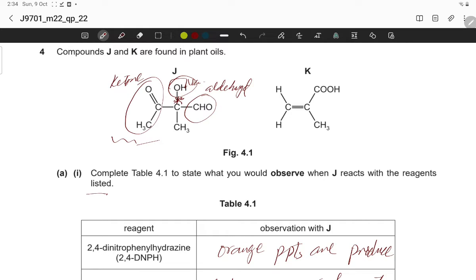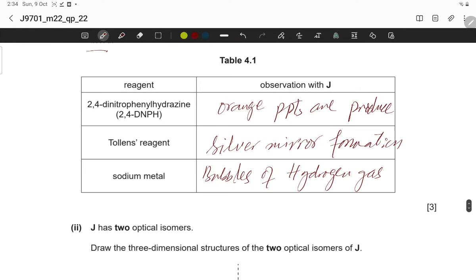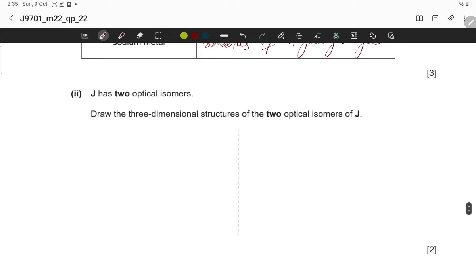The carbon is surrounded by four different groups: C=O with H3C, CHO, CH3 and OH. We know that in optical isomerism, two isomers are non-superimposable mirror images of each other.